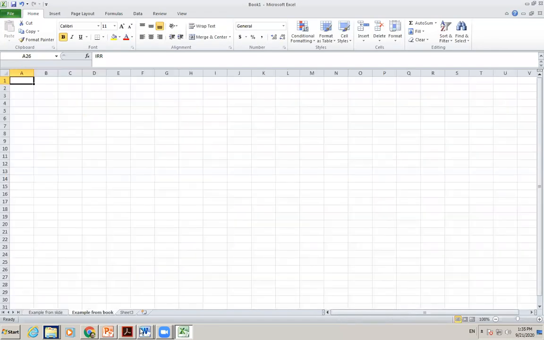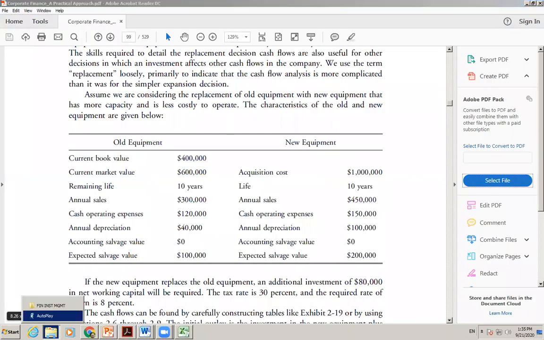Okay, let me move to the example which is given in the book. Now, we are given here old equipment and the new equipment. This is the information which is given for the old equipment. Current book value is 400,000. Current market value is 600,000.